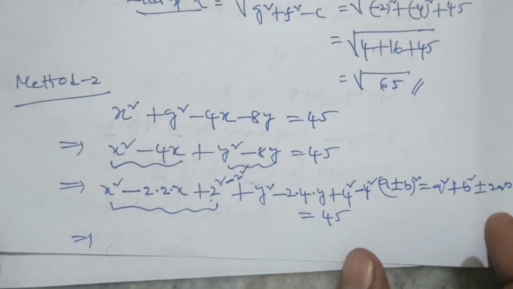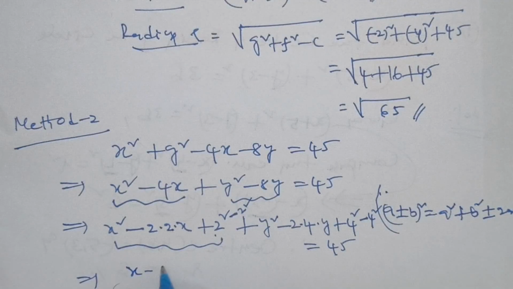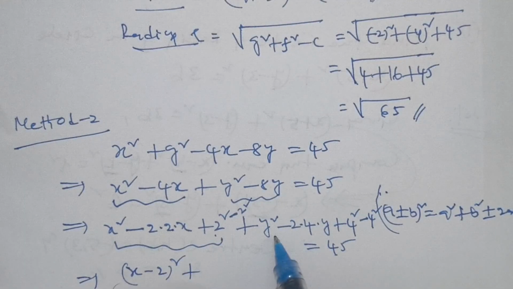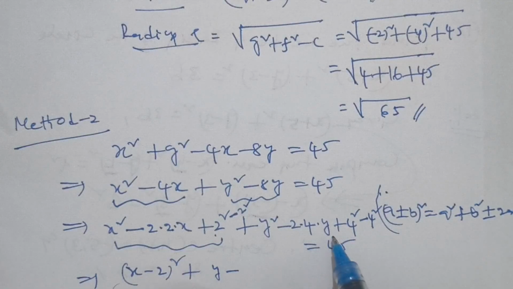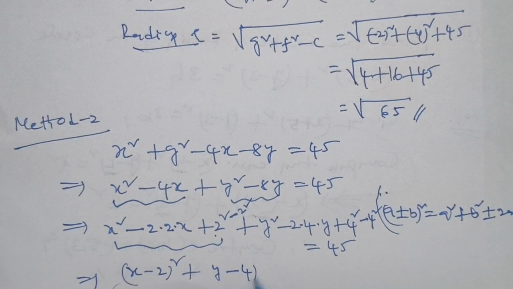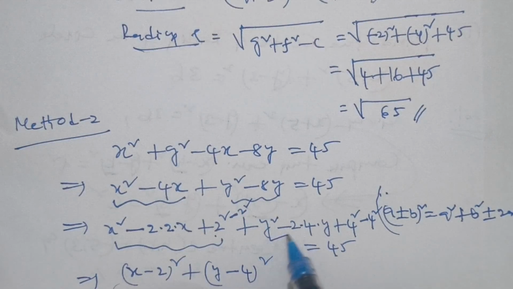Now x square minus 2 into x into 2 plus 2 square, up to this we have the formula, that is x minus 2 whole square. Why? Because by using the a minus b whole square formula. And minus 2 square can be transferred to the right hand side of the equation.